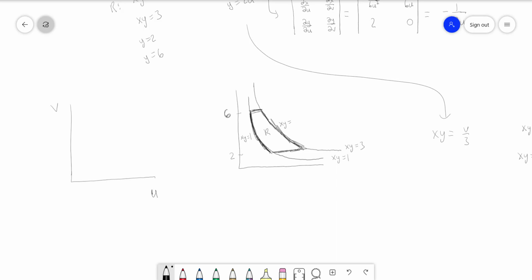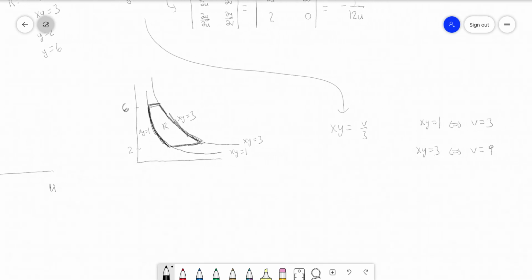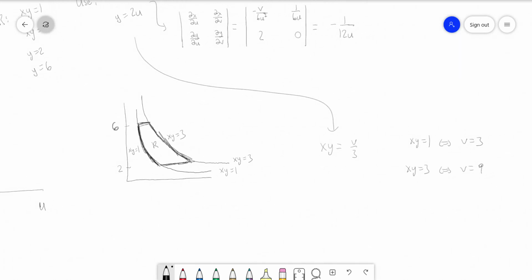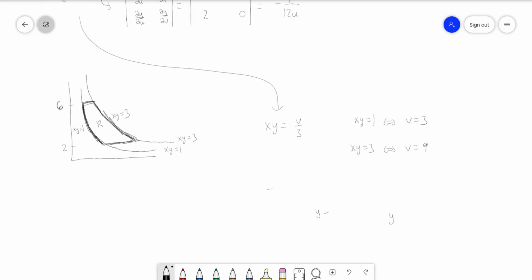So then these two edges of R correspond to v equals 3 and v equals 9 in the UV plane. So I have that right now. The other ones were y equals 2 and y equals 6. And incidentally, we have y equals 2u. So when y is equal to 2, that's equivalent to saying that u would be equal to 1.